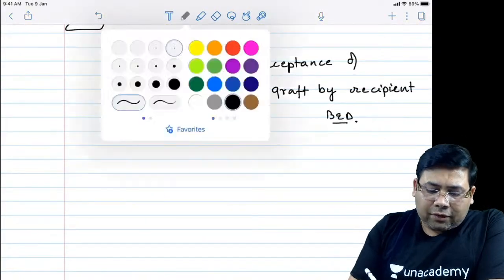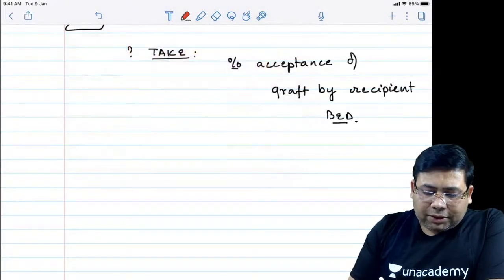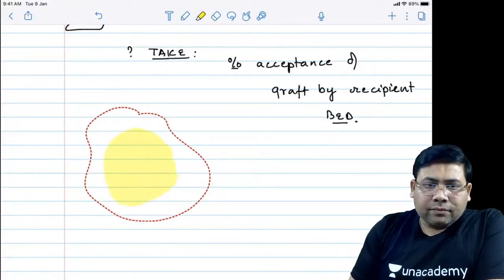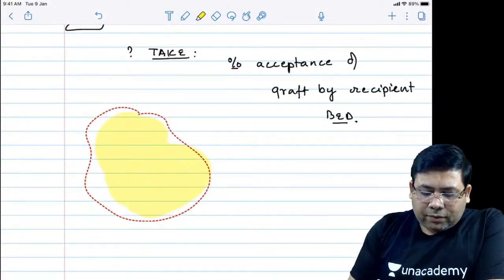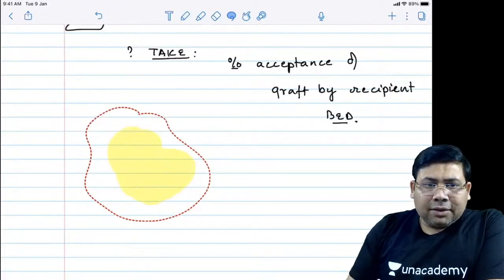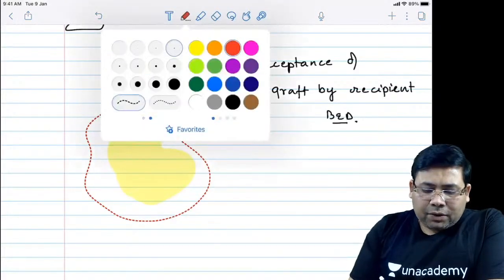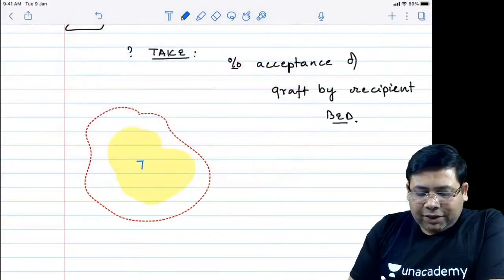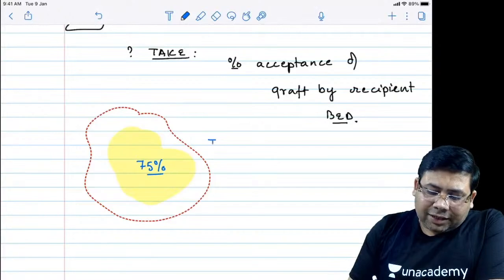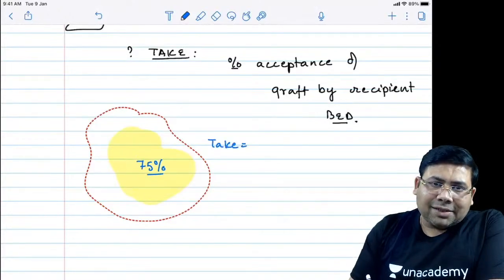This is known as take of the graft. Try to understand. This is the skin, and this is what you have grafted. After 1 week, when you open, you see that it has decreased in size, and this much part is covered. So if 75% of the wound has been covered, you will say that take is 75%.